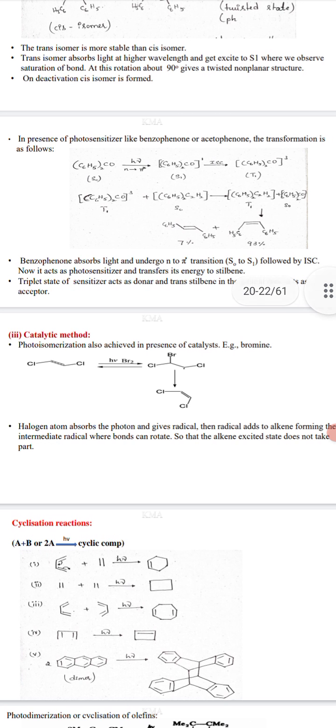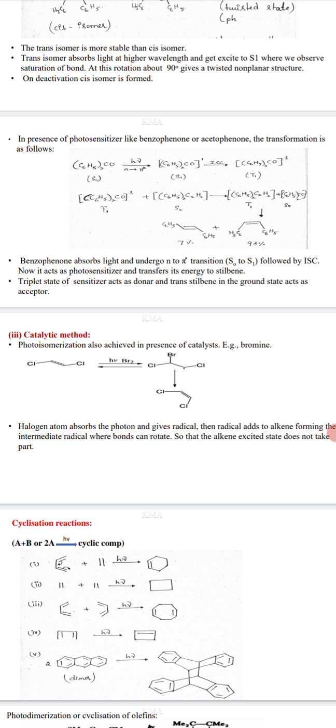So the transformation is as you can see in this reaction mechanism. Benzophenone, which is in singlet ground state, absorbs energy. It undergoes a photochemical reaction. So electrons get excited from non-bonding orbital to the anti-bonding pi orbitals, that is n to pi star.